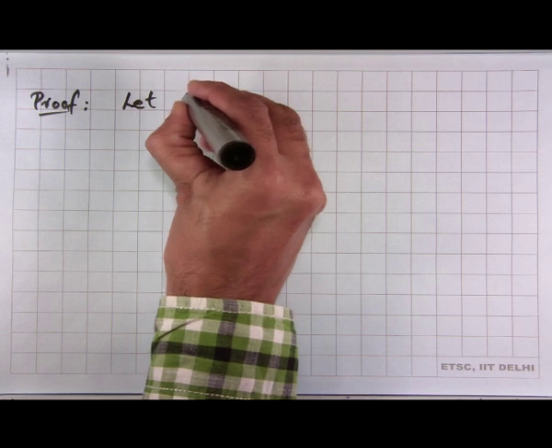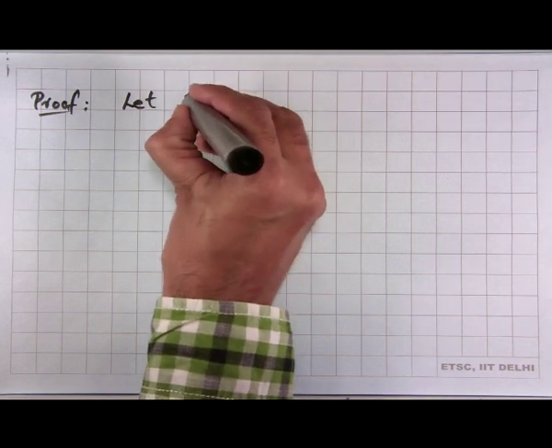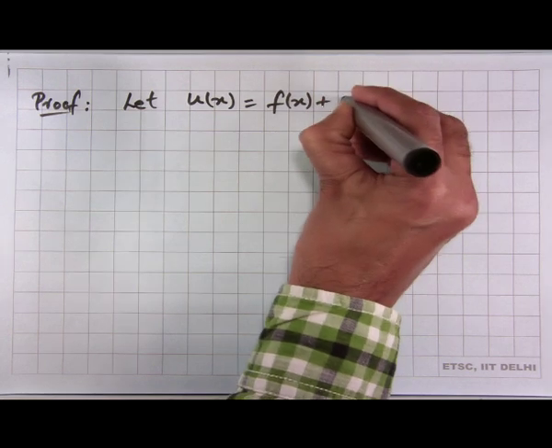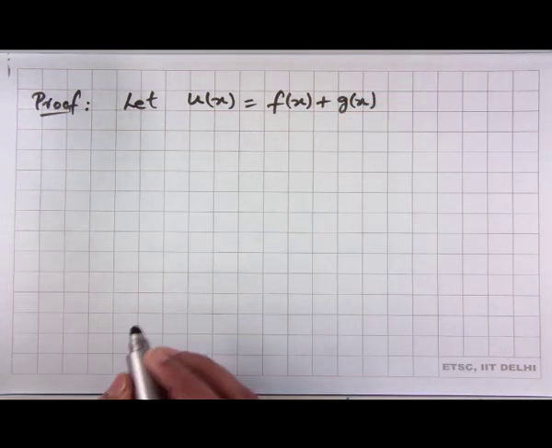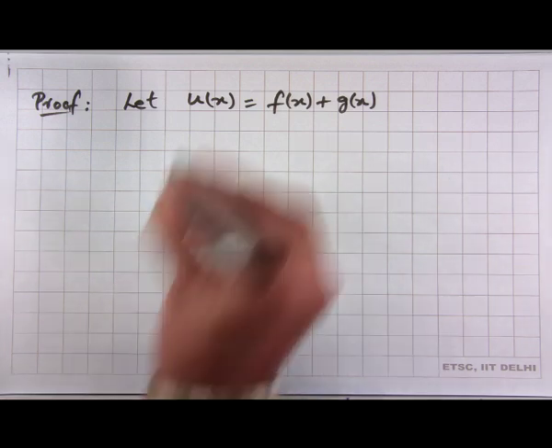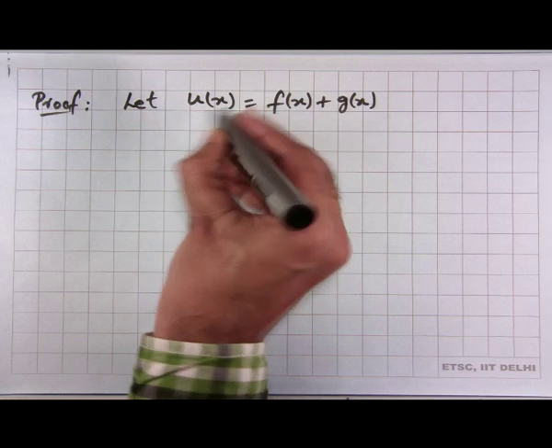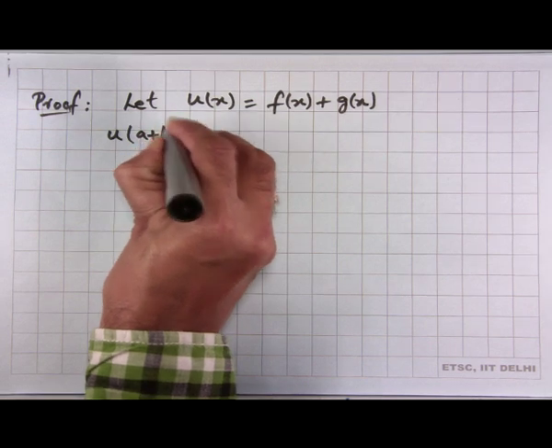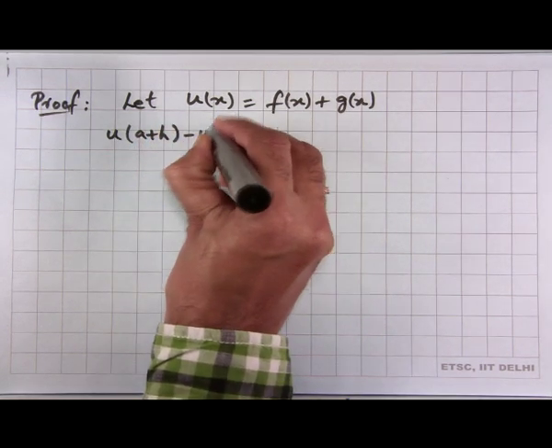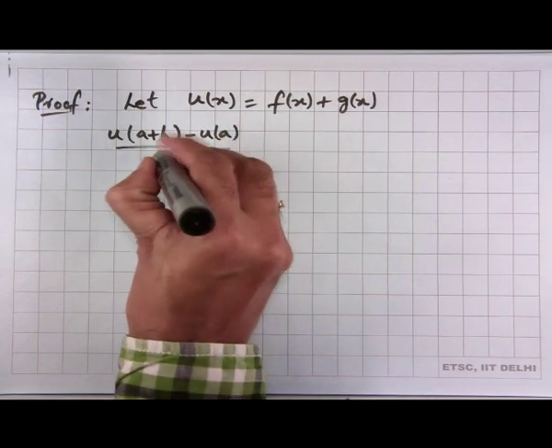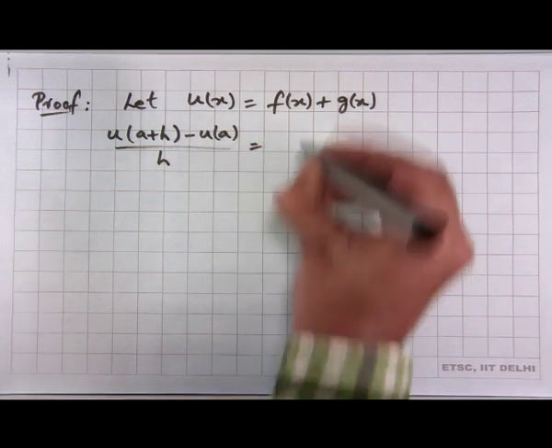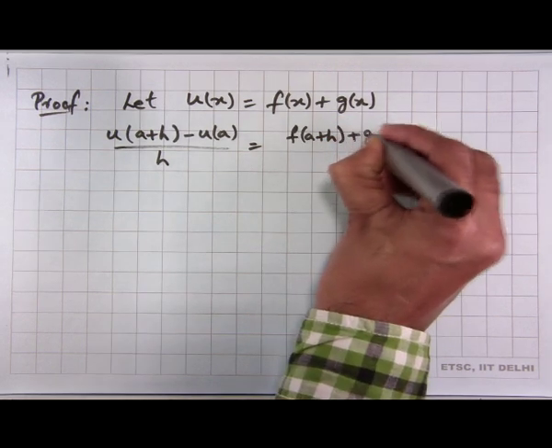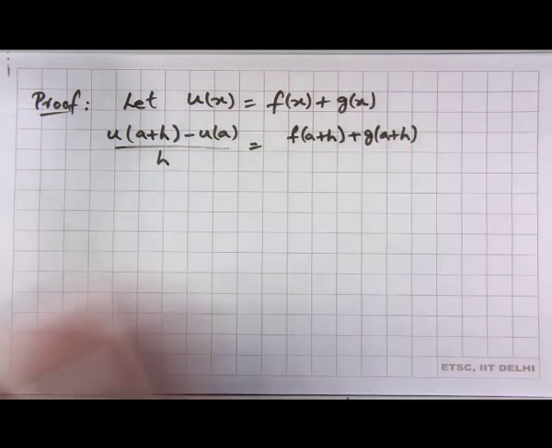So, let me write u(x) equal to f(x) plus g(x). Then we want to show that u is differentiable at a. So, if I write u(a plus h) minus u(a) divided by h, this is equal to f(a plus h) plus g(a plus h), so that is u(a plus h).